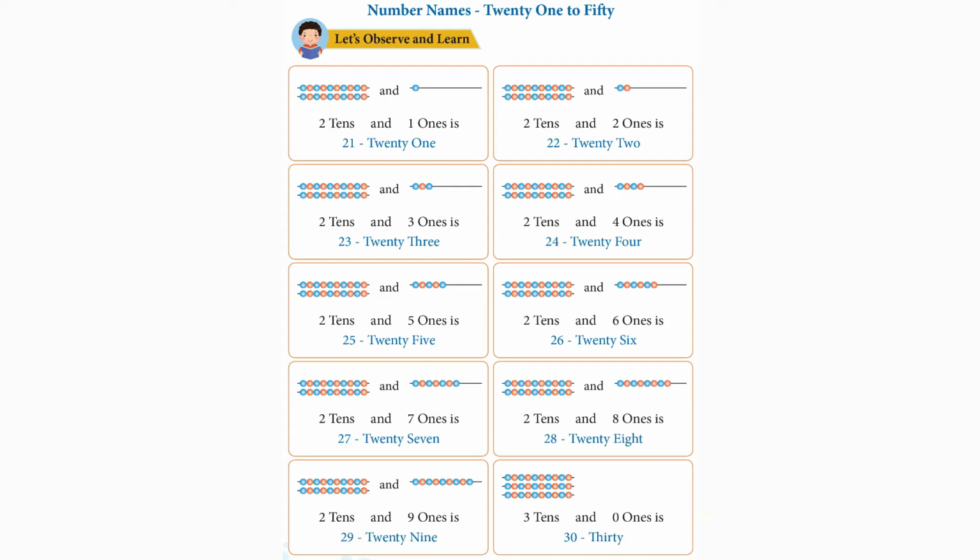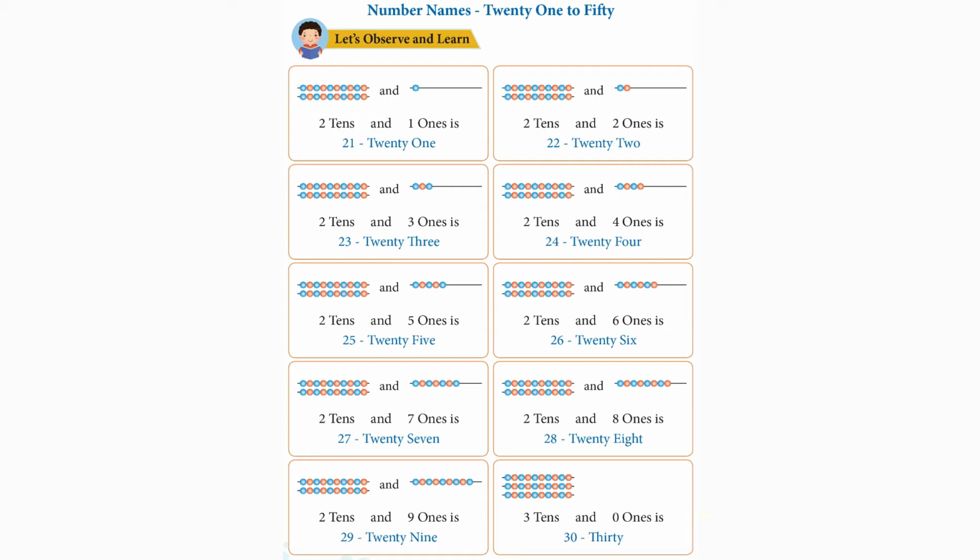In the same way, for 22 we have 2 tens and 2 ones. For 23, again it would be 2 tens and 3 ones. How about 24? Again we have 2 tens and 4 ones. For 25, 2 tens and 5 ones.